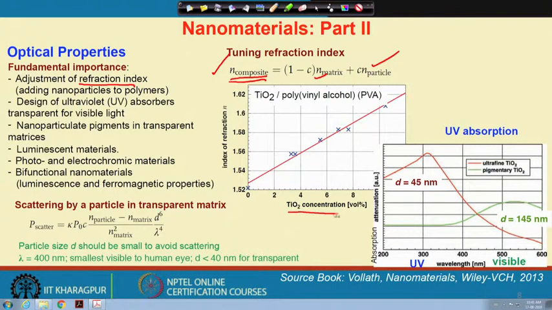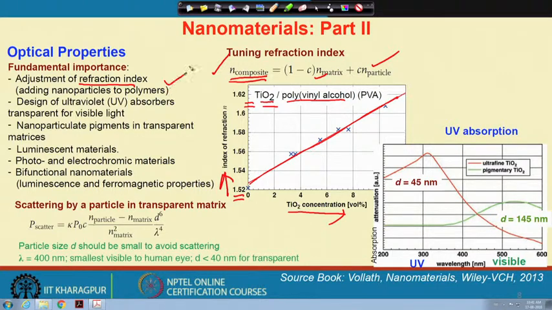Here I show you a titanium dioxide concentration with the index of refraction n, and you can clearly see that the refraction index continuously changes from 1.52 to let us say 1.62 in a PVA matrix. So, here titanium oxide was the nanoparticle that was added, and polyvinyl alcohol was the matrix.